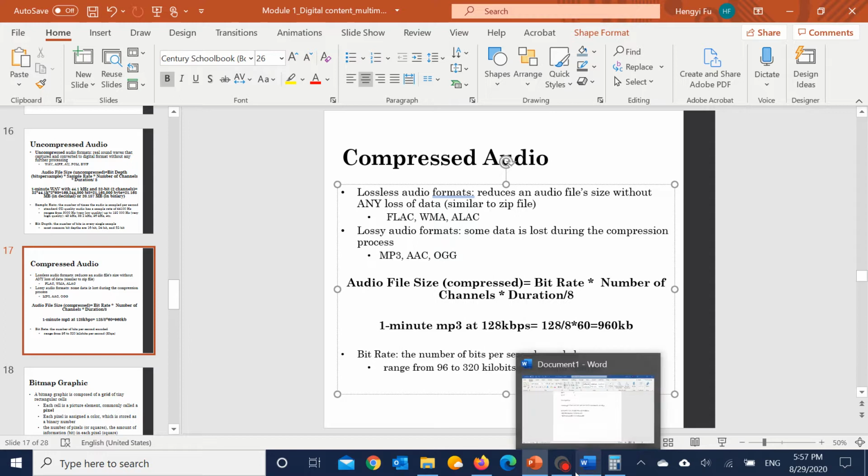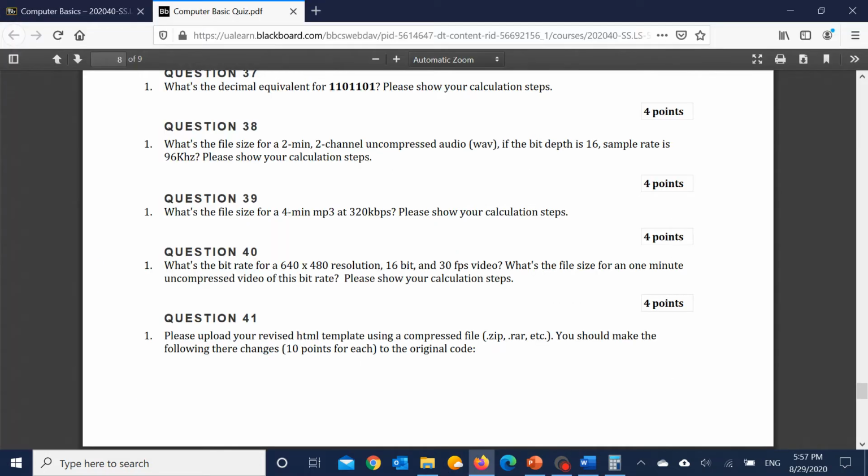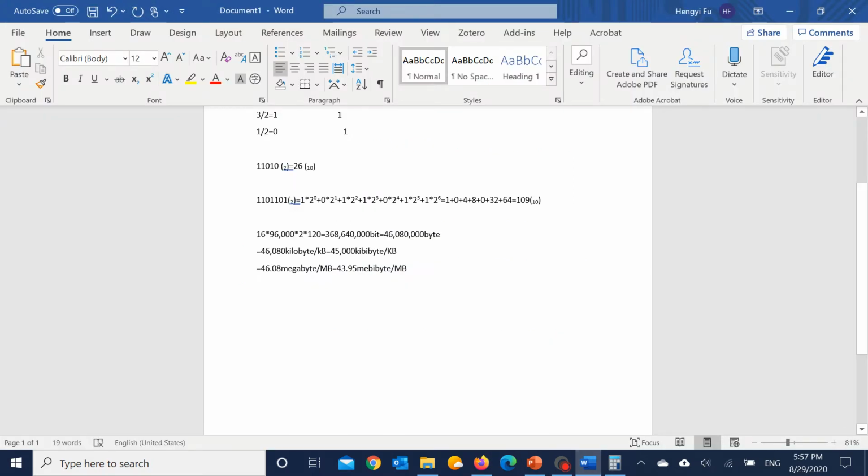So in our question, this is kbps. 320,000 multiplied by number of channels. Since I didn't say this is a 2-channel MP3, you should consider it as 1 channel by default. So 1, and the duration 4 minutes is 240 seconds.